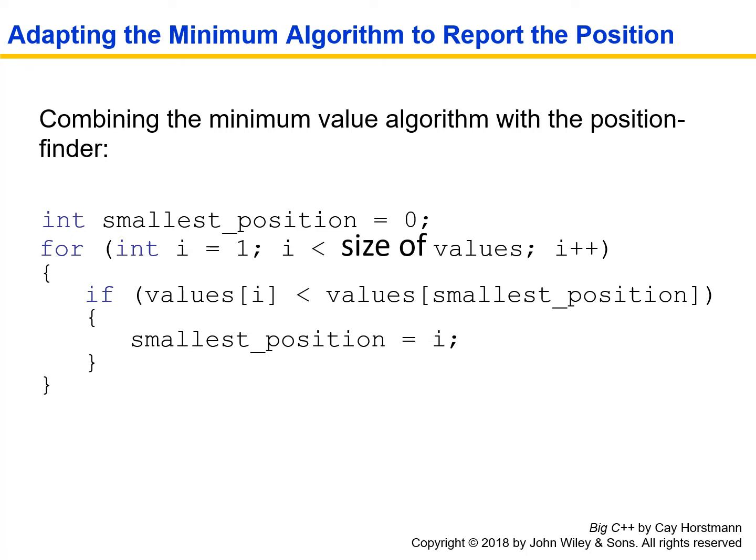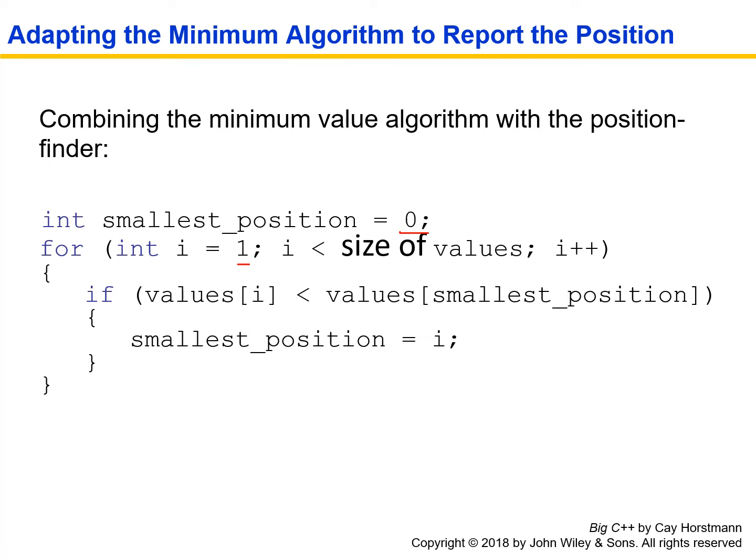So we initially set the smallest position to 0 because we don't know any better, and 0 is a good guess. The first position is a good guess. Then we start with i equals 1 because there's no reason to check 0.